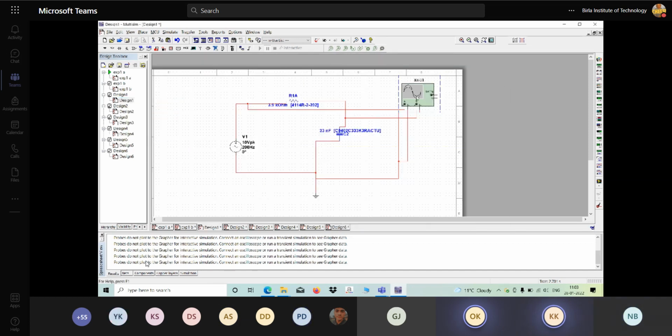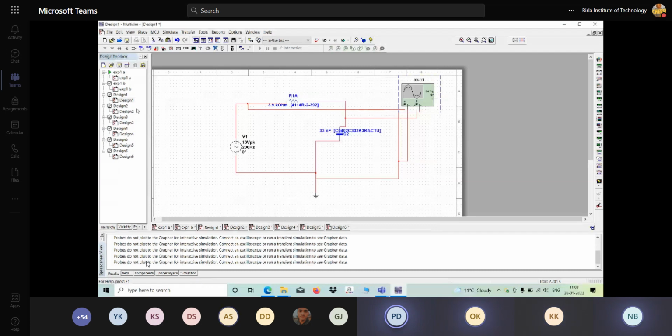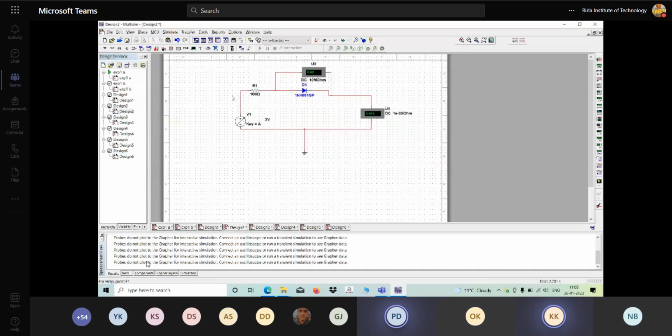Third experiment, ellipse. It is visible. And this one, forward bias and reverse bias. Forward bias we have to do.